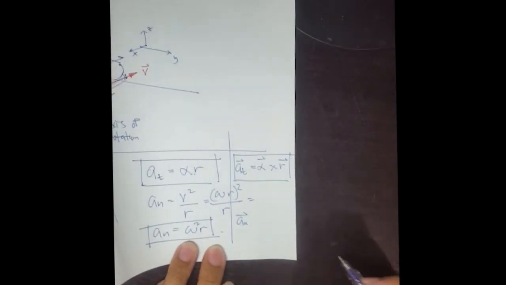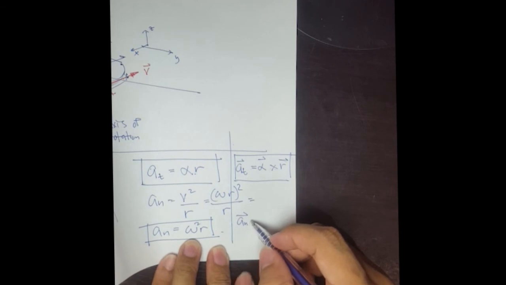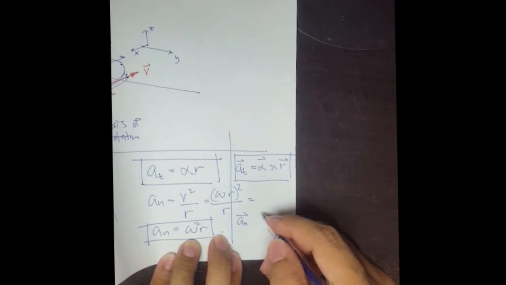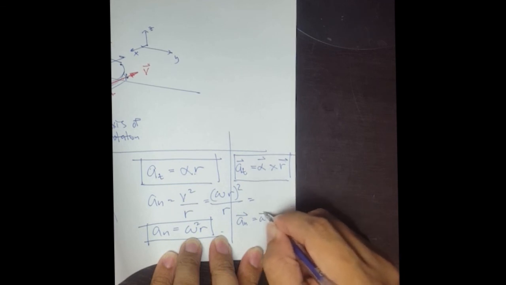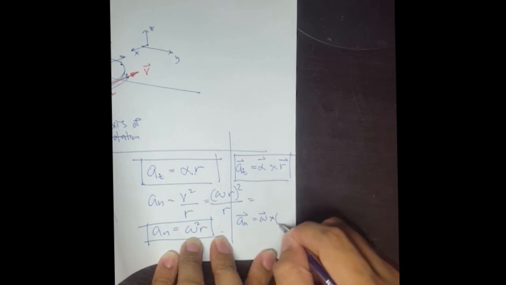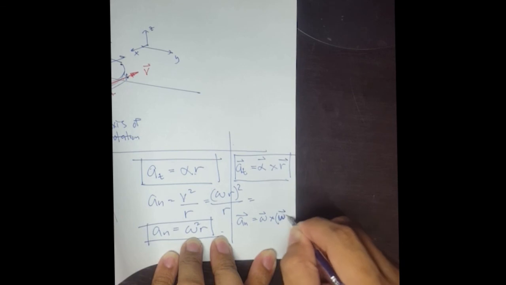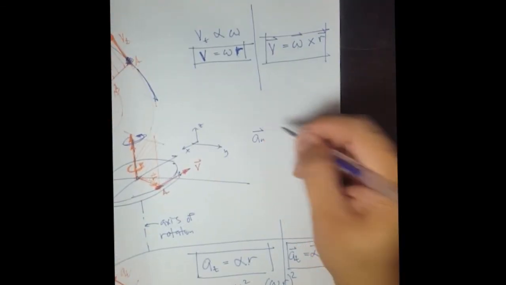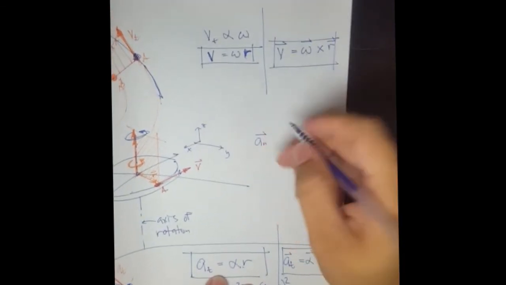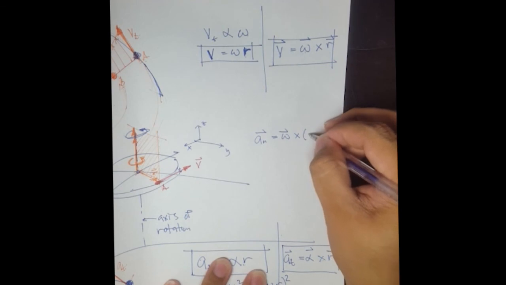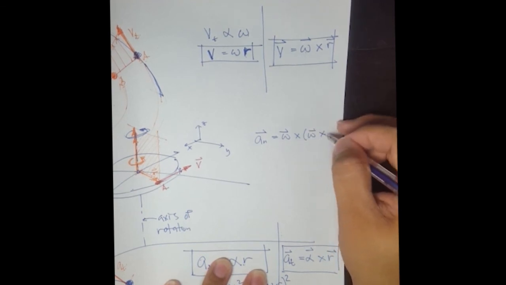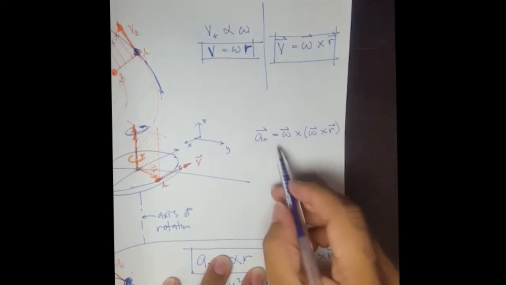The normal component of the acceleration is actually the cross product of omega with another cross product of omega and r.